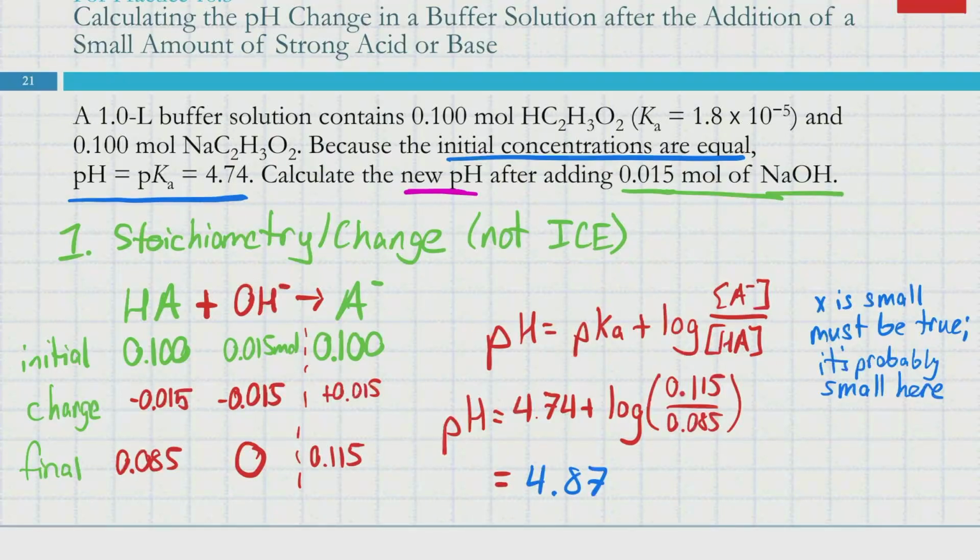This also wouldn't work if we completely used up our HA or A minus. It wouldn't work out nicely because we'd be putting a 0 on the top or on the bottom. So we'd have either 0 or infinite, and that's going to return error values.